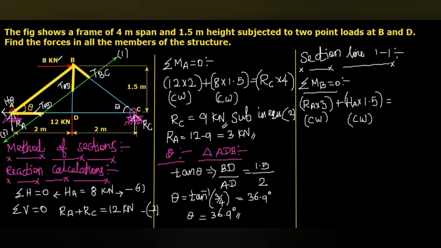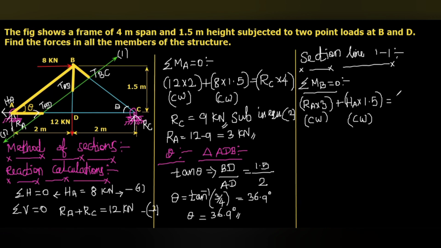So to compensate the clockwise moments, it should act opposite to the direction of HA. That means like this. Do you understand? So from the point B, if you have taken the moment, this TAD multiplied with 1.5 should be in counterclockwise.